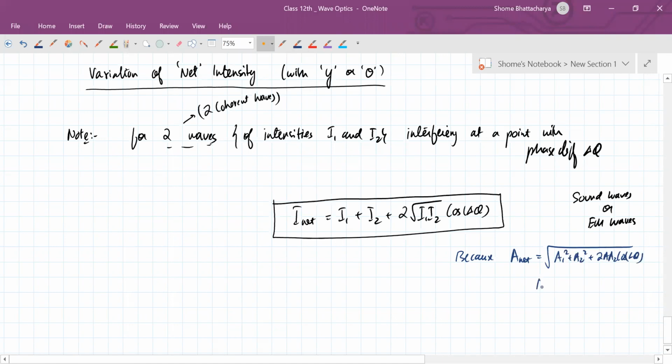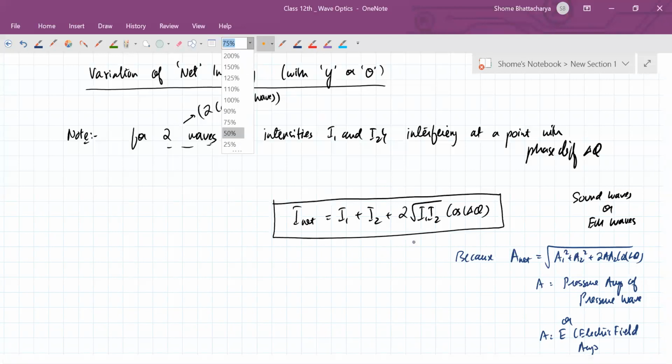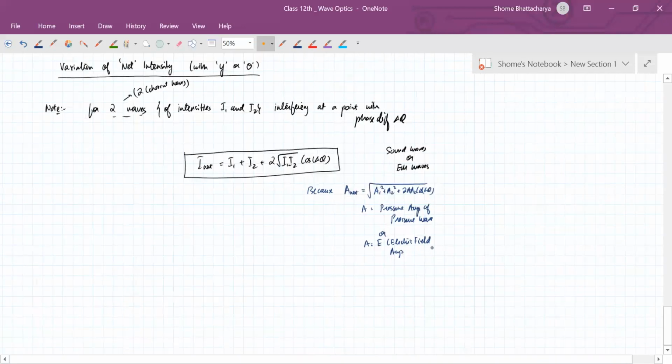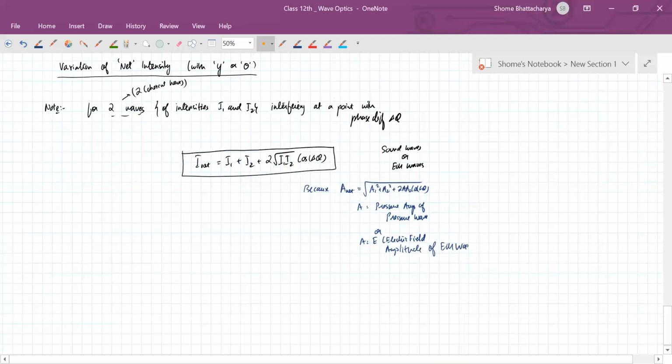E over here could be pressure amplitude of a pressure wave, or E could be electric field amplitude of an electromagnetic wave, whichever of the two. But intensity is proportional to square of amplitude. So when we square this equation, we get this one.